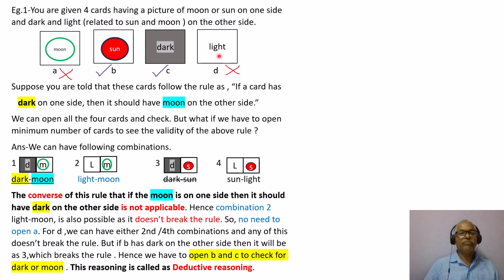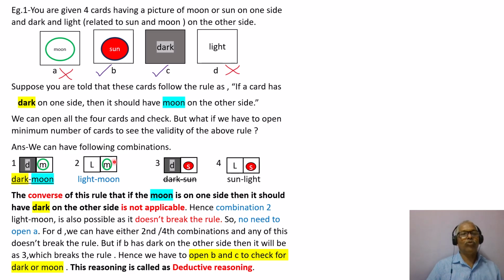For D, I am going literally very slow for you to understand this, because this is easy but a little complicated. For D we can have either the second or the fourth combination.